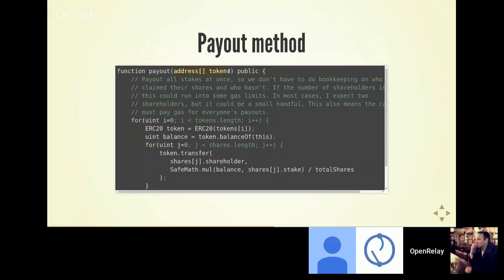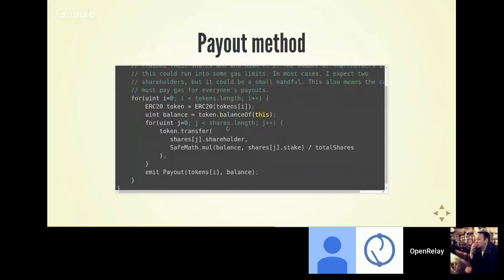So we've passed in a list of token addresses. We're going to iterate over that, and we're going to construct an ERC20 object corresponding to the address that was just passed in. We get the balance of that token for this contract. So that is, what is the affiliate contract's balance of that token?